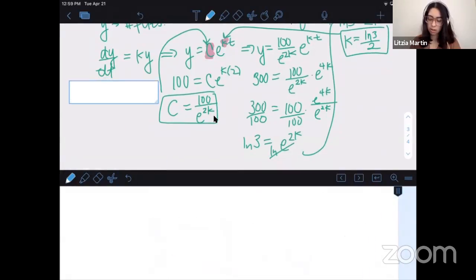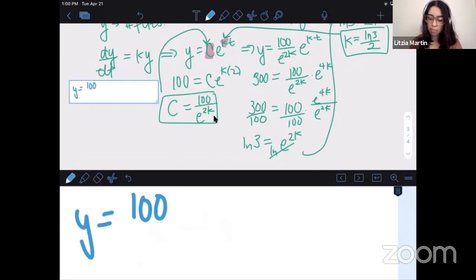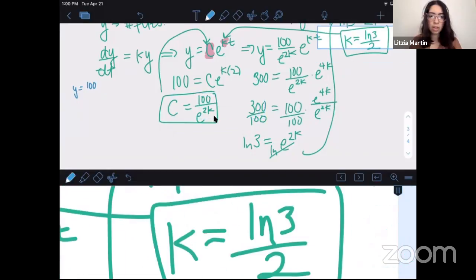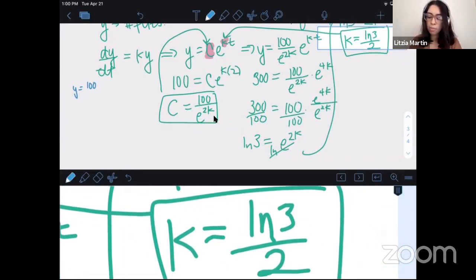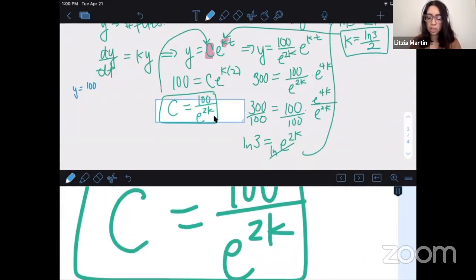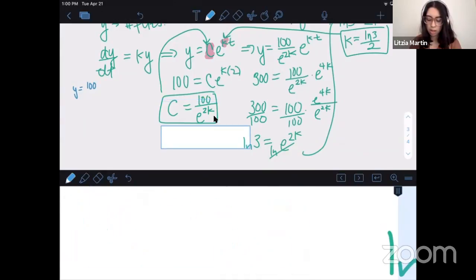Let's see if I can do it here. So the new equation, we have c is 100. Actually, we can plug in this k. Sorry, I forgot that step for a second there. To actually find what c is equal to. So let me do that really quickly here.